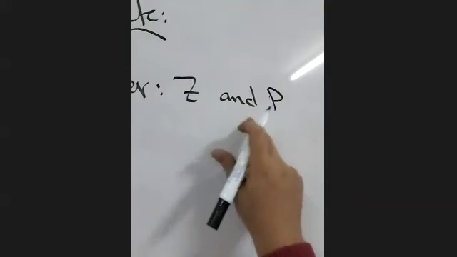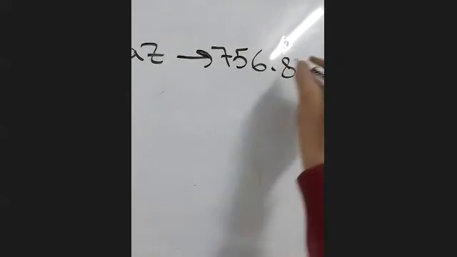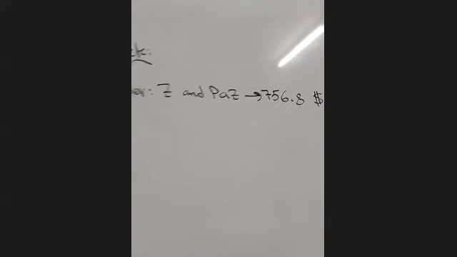Ziyad and Paz have together $756.80. If Ziyad has $489.50, how much does Paz have?